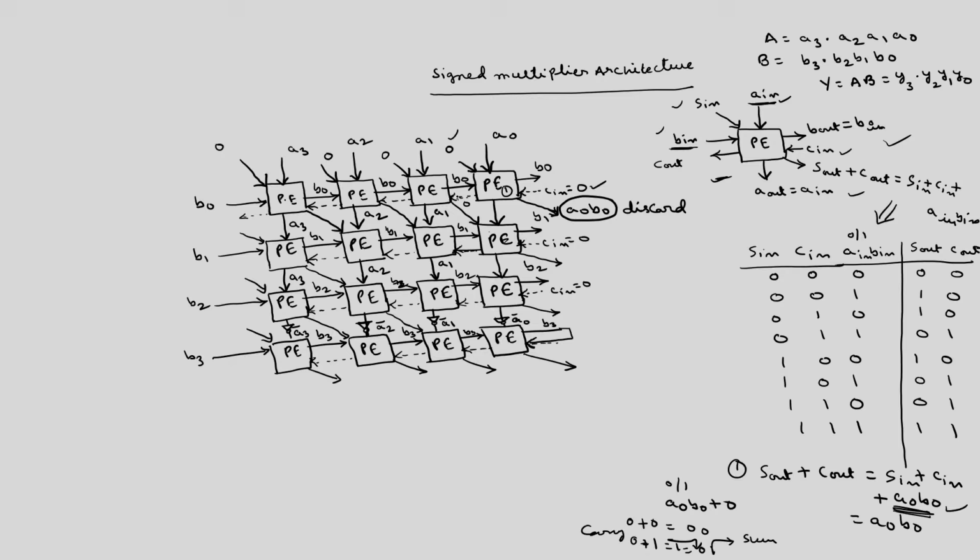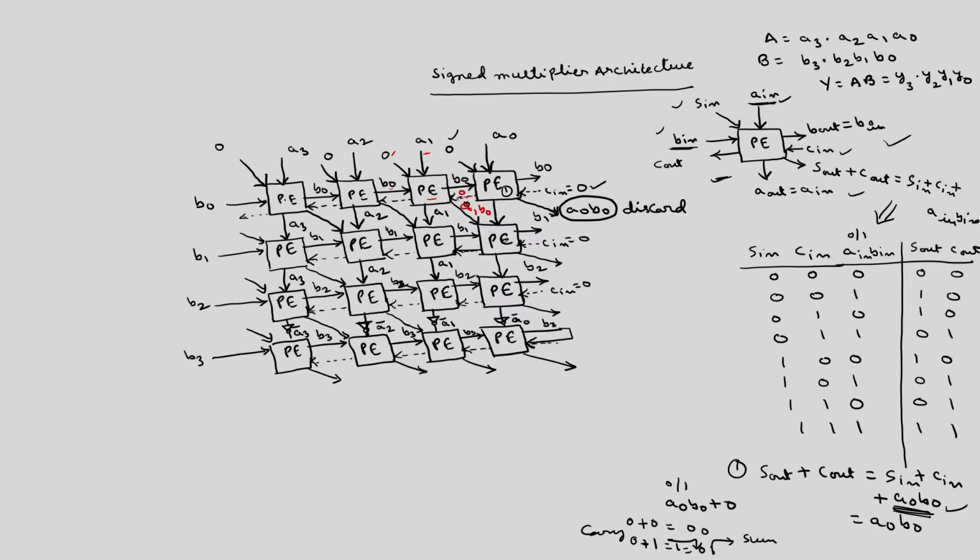So this is 0. Now what about the output of this next one? I will write now these values. For this processing element, what are the inputs? This carry is 0, this sum is 0, so output is simply the inputs. B0 is the input and A1 is the input. So output of this one is A1, B0. Of course this carry is 0.